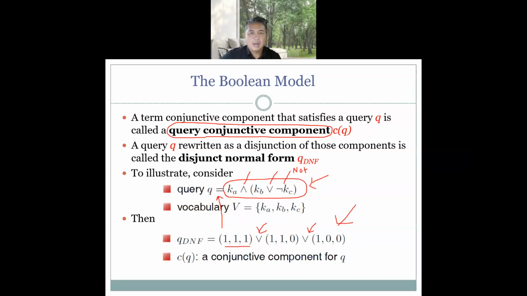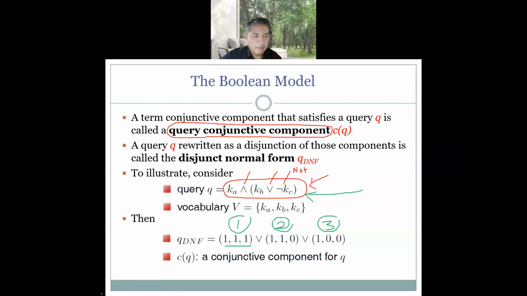We could have many possibilities of combinations of binary. I found that these three, let me use a different color, this is one, this is two, and this is three. All these values, when I plug into this expression, my query will be true.